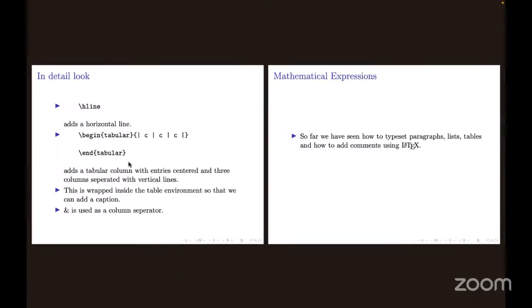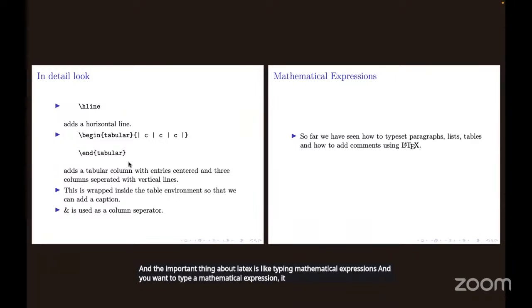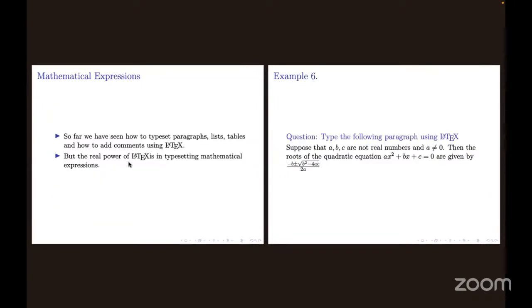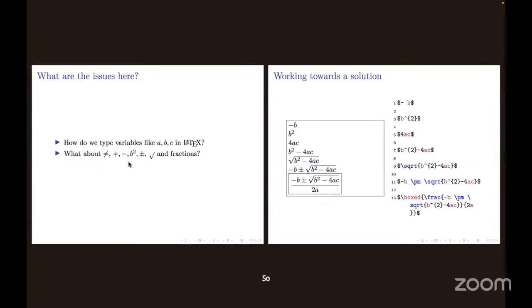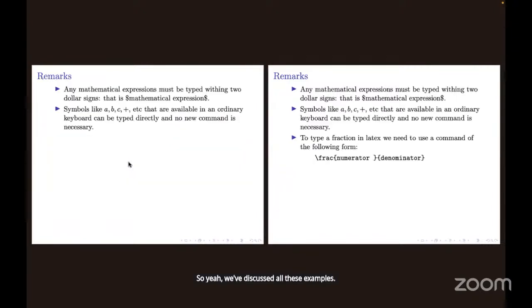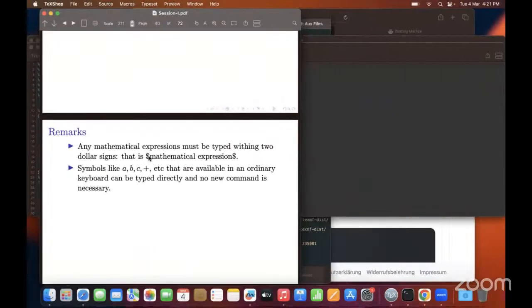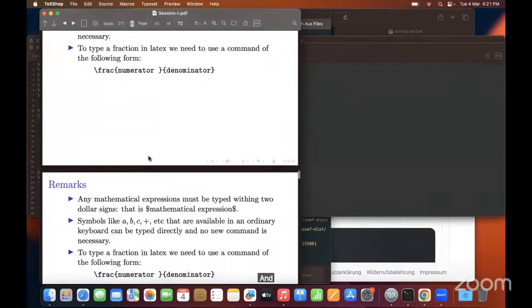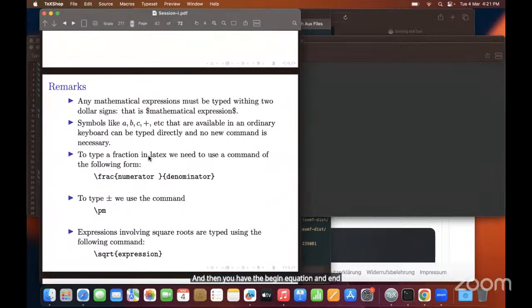And the important thing about LaTeX is typing mathematical expressions. If you want to type a mathematical expression, it always goes within dollar signs. We have discussed all these examples. Then you have the begin equation and end equation environment.